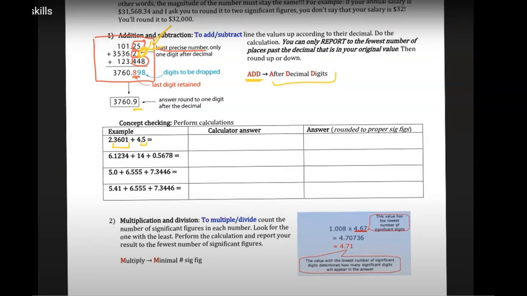When I did the calculations, this is the answer that I got, 6.8601. That's a calculator answer. Now, since my number right here has only 1 place after the decimal point, this is what's going to be in my answer. So it's 6.8, and now the first number that I'm dropping is 6, so I have to round up. It's going to be 6.9. The next one, there are 4 numbers here after the decimal.